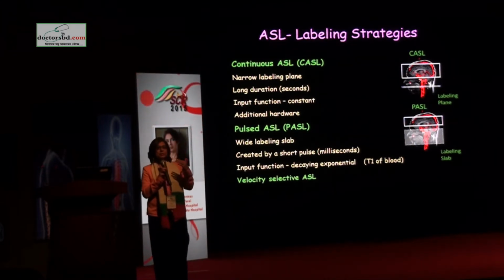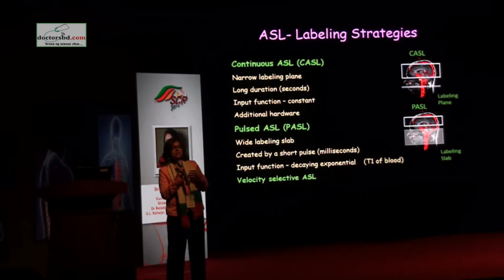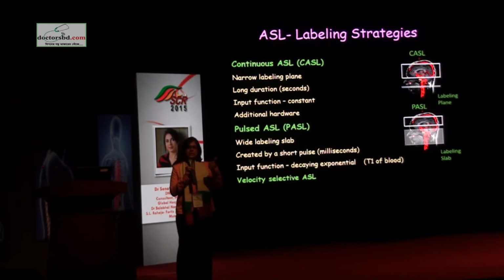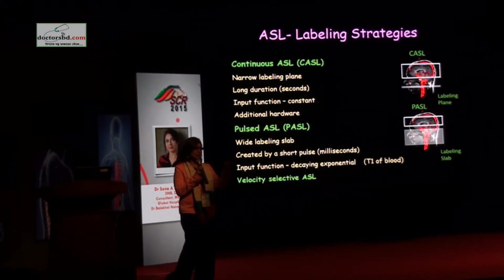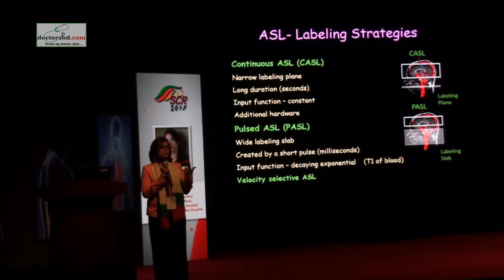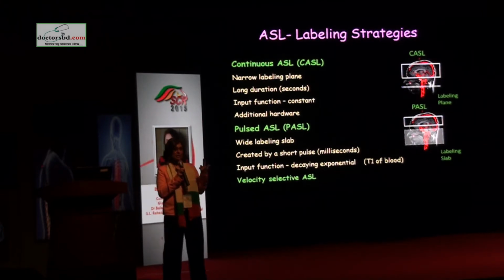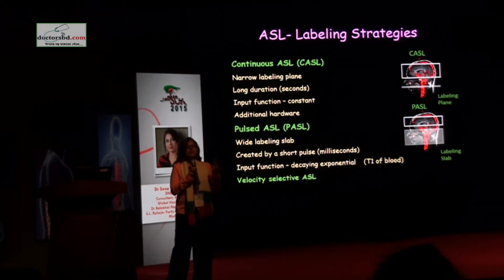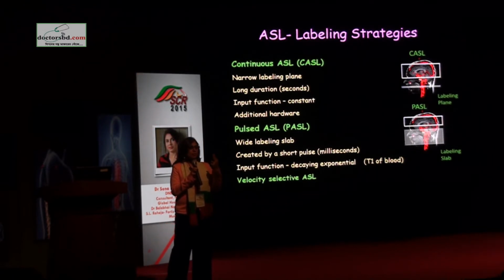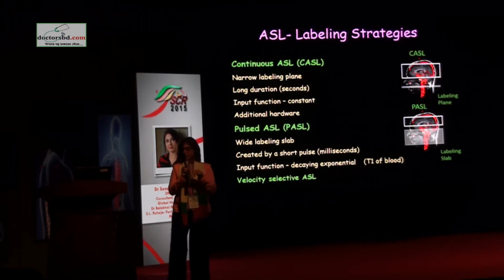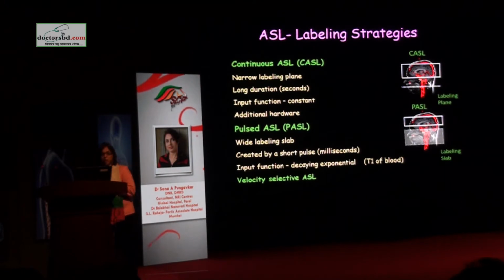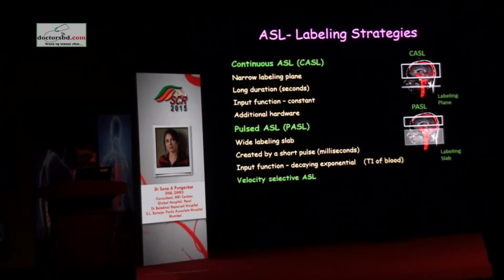So many times when we have these scans coming to us from outside, we find coronal T2 missing, we find gradient missing. Another thing we find missing is diffusion weighted imaging. That also really helps a lot. So if you make sure you have these things in your protocol, it will help you to monitor these patients better, especially in the setting of radiotherapy, etc.